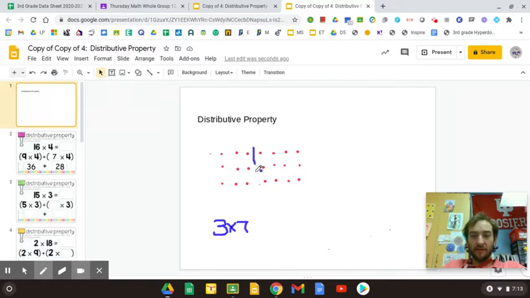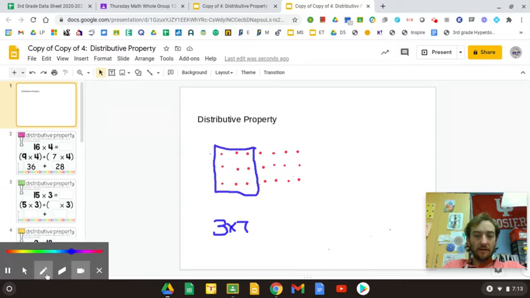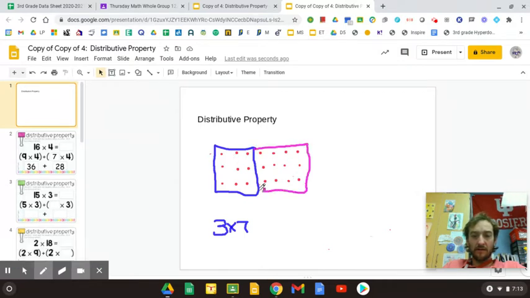So I'm going to make two arrays. I'm going to split this chunk here, and then I'm going to have this chunk here. So what I've done is made a 3 by 3 and a 3 by 4.